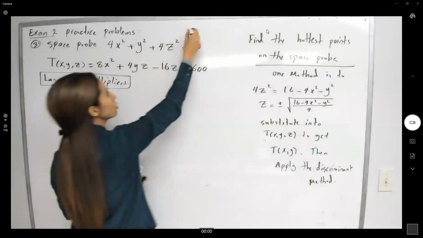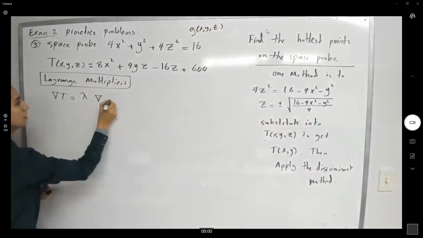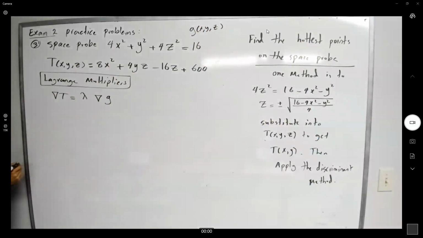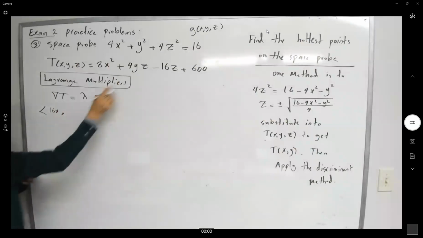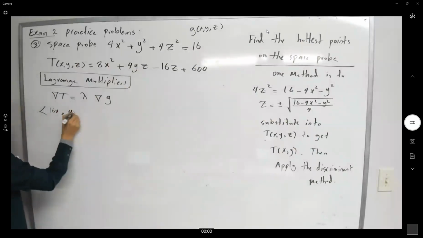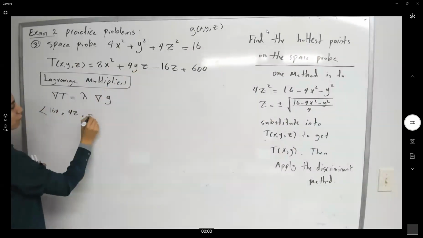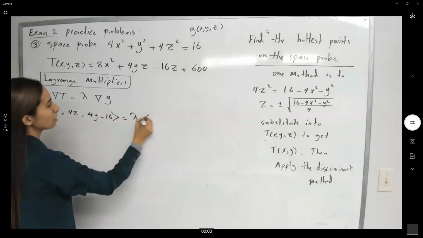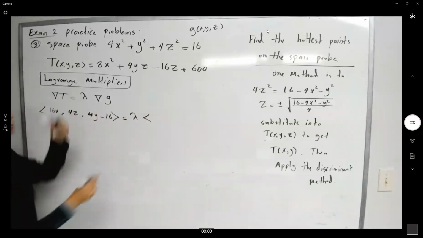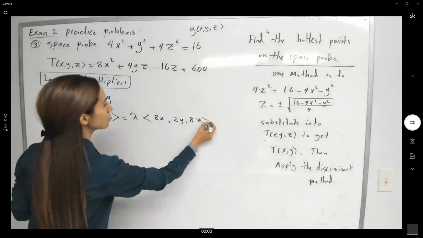Let us call it function g of x, y, and z. Well, the gradient of T: with respect to x, you get 16x, with respect to y, 4z, and with respect to z, 4y minus 16, equals lambda times the gradient of function g: 8x, 2y, and 8z.